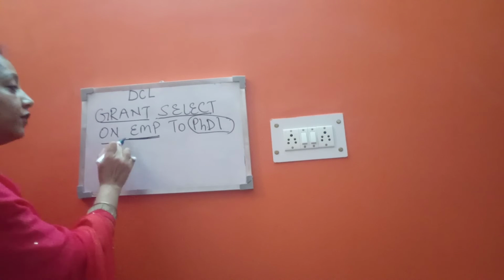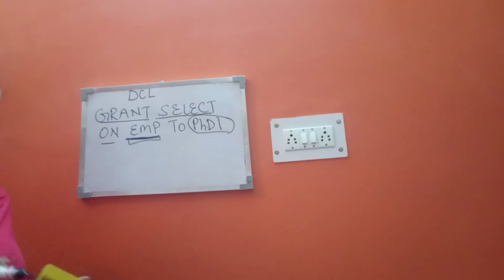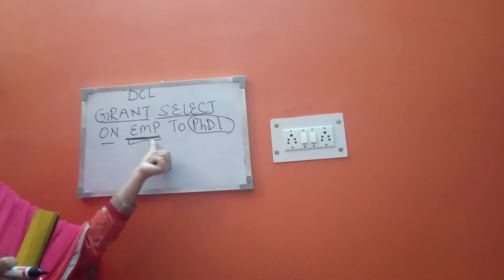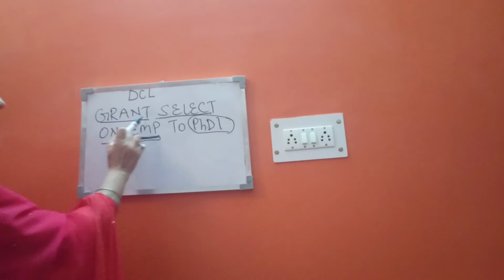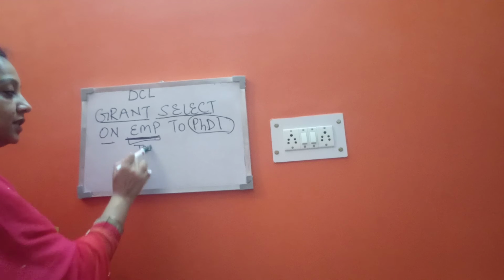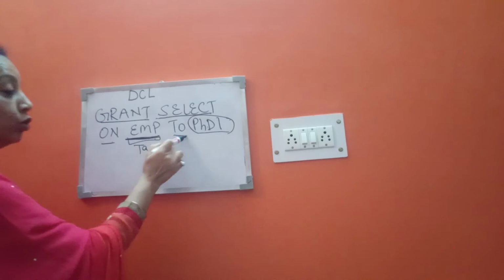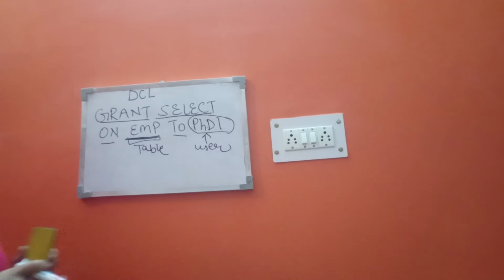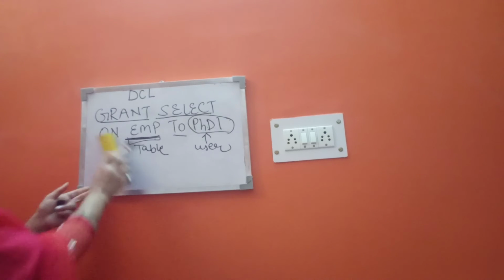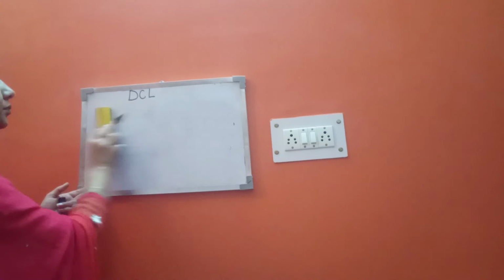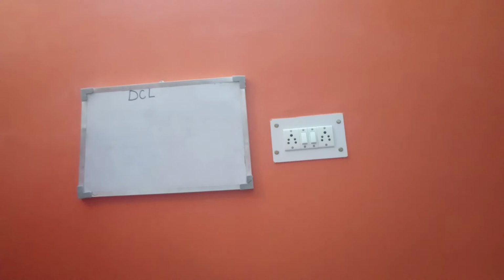No. On which particular table or tables I want to grant the select permission, I will have to mention that table's name also. So I say grant select on which table? This is the name of the table, employee table. To who? Which user? To the user PhD. So now the PhD user can use all kinds of select commands on the table employee.